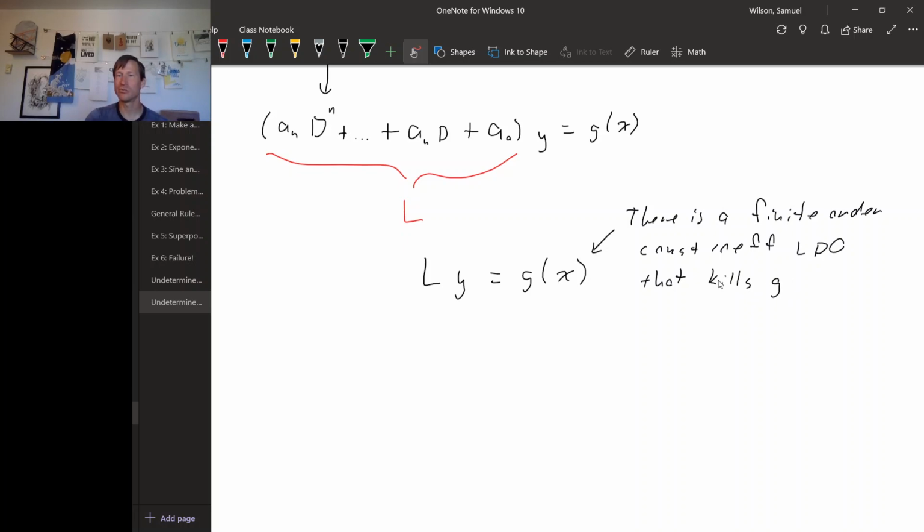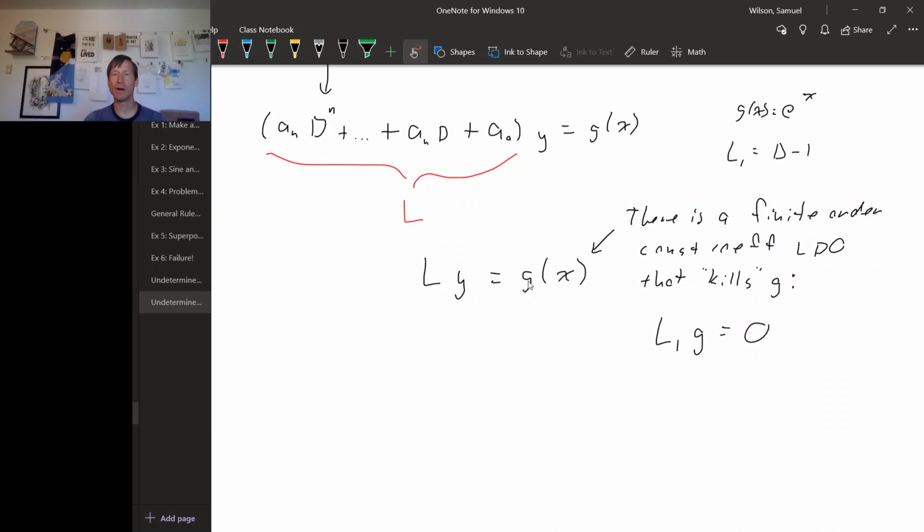When I say kills, what I mean is that we can find some linear differential operator, let's call it L sub 1, such that if you hit g with it, it gives you 0. So for example, if g were e to the x, then the linear differential operator that kills that function, that makes it 0, is the operator D minus 1.